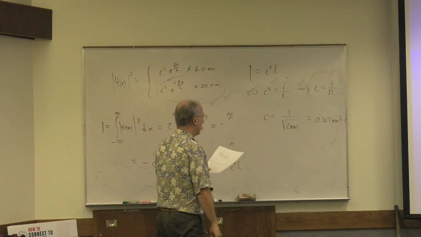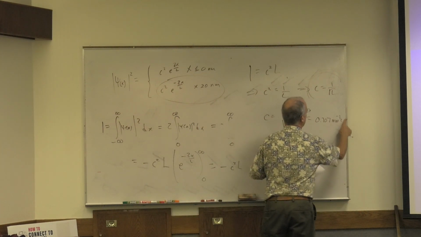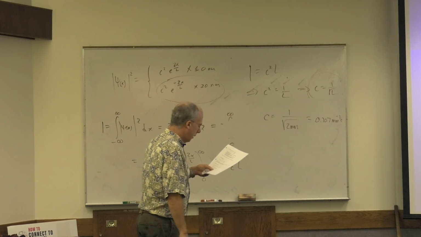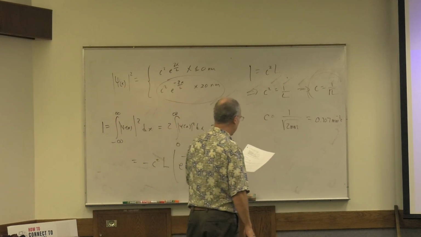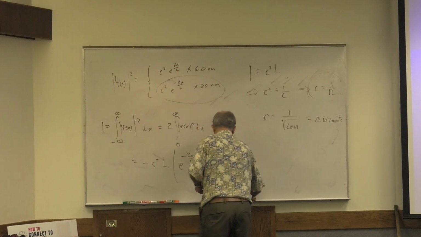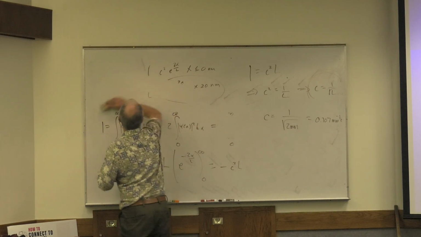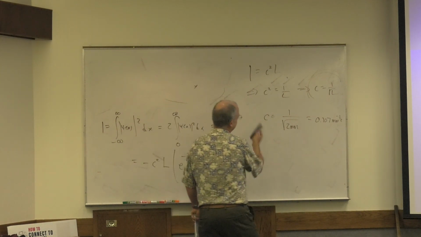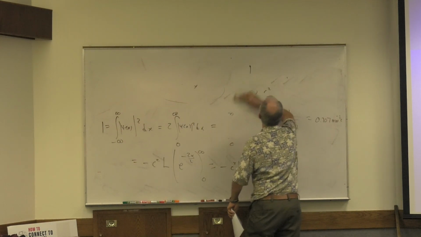So that's your c, 0.707 millimeters to the negative 1/2 power. Awesome. Think about it, all that work just to get a coefficient. What are you going to do?